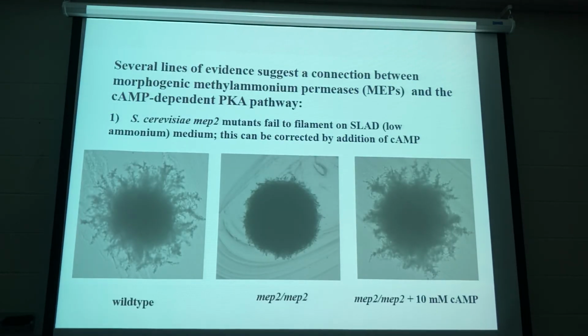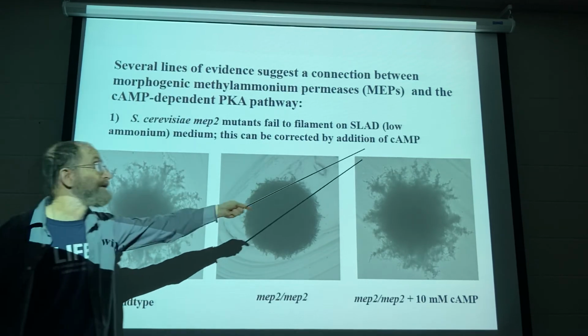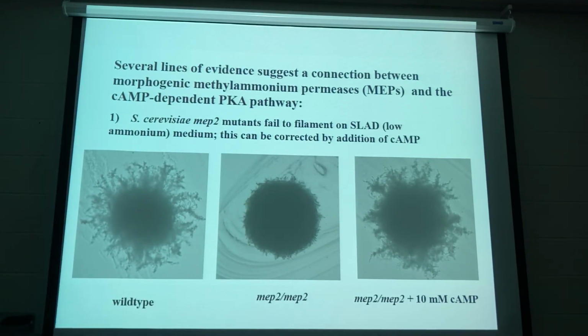All right, now, there's several lines of evidence that suggest a connection between the ammonium transporting ability and the PKA pathway. And first of all, Saccharomyces cerevisiae MEP2 mutants do not filament on low ammonium. But if you add cyclic AMP, so in other words, if you stimulate the activity of PKA, then they become filamentous, okay?